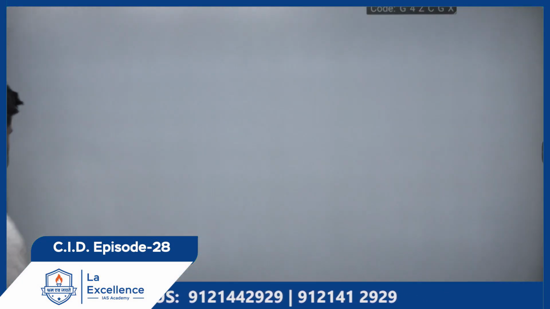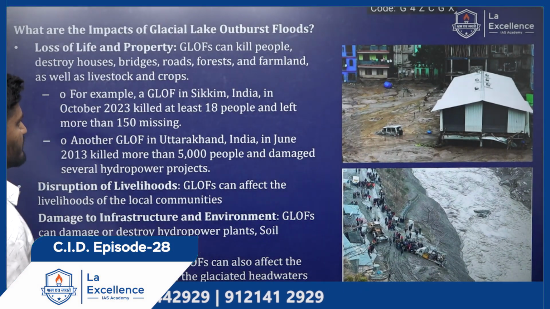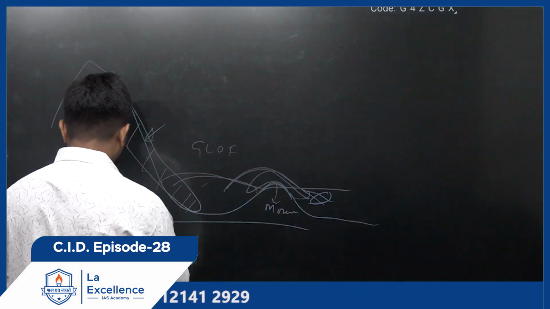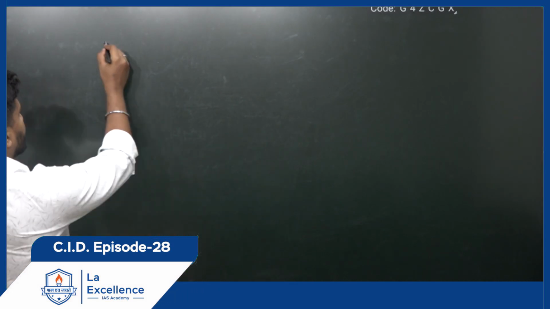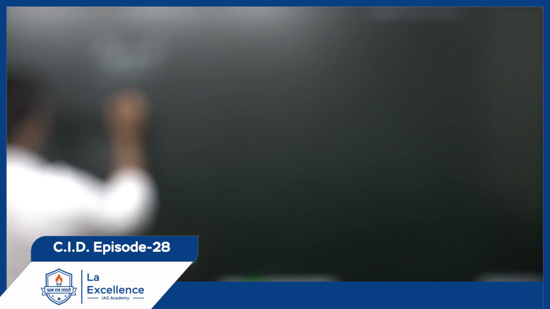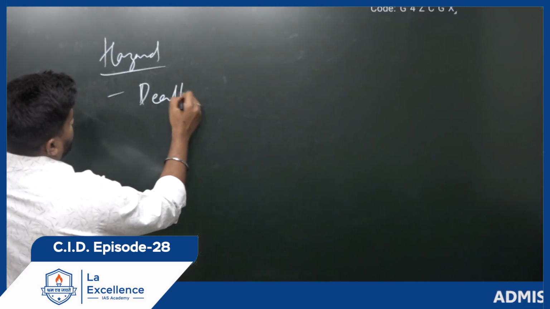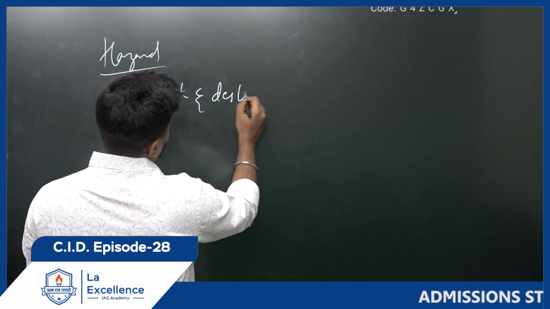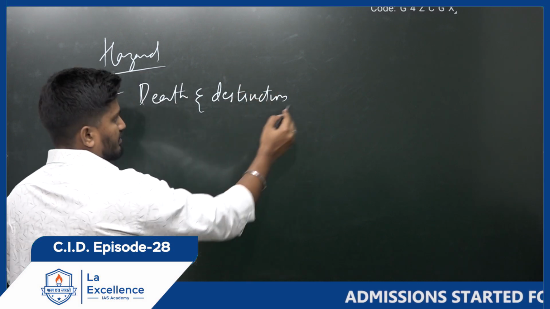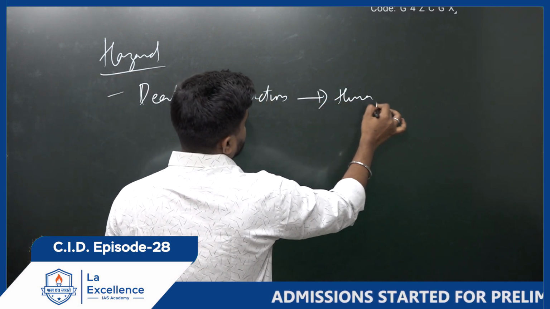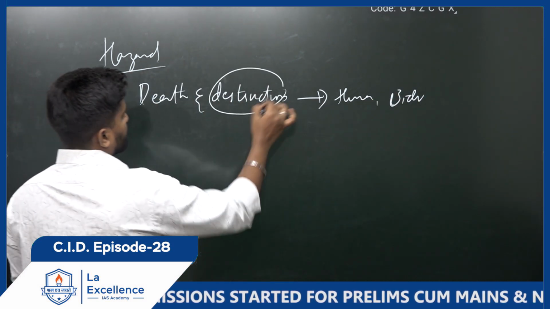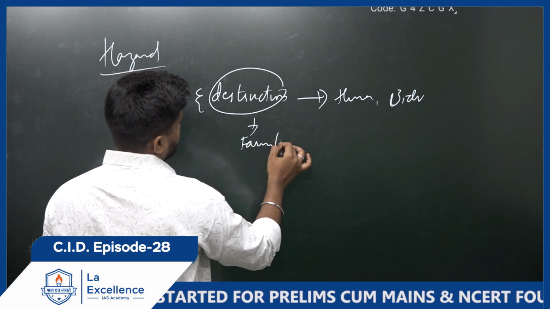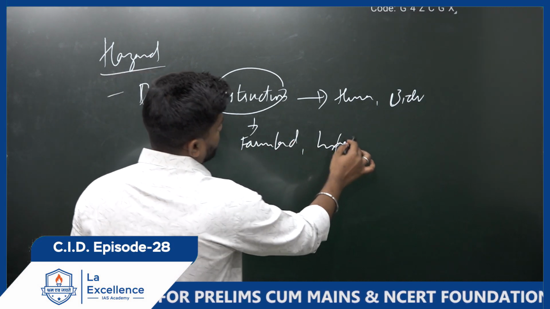And then we will see what the impacts of a glacial lake outburst are. As with any type of hazard or disaster, the first impact will be death and destruction, of human beings and biodiversity present in that region, and the destruction of farmlands and infrastructure and everything present there.